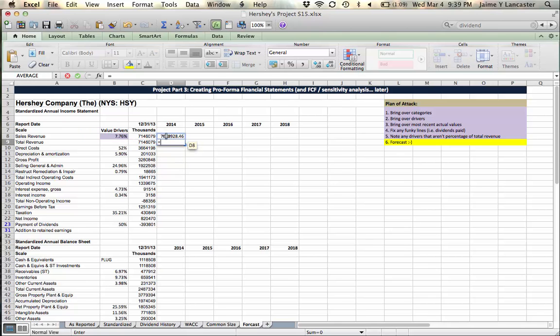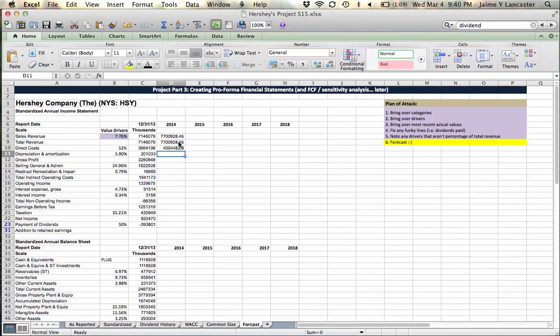But the total revenue is going to equal the sum of all your sales revenues, right? Well, direct costs, cost of goods sold, we think is going to be roughly a little over half of our total revenue. So it takes Hershey's about half of every dollar they make just to go into raw materials, direct labor, right?